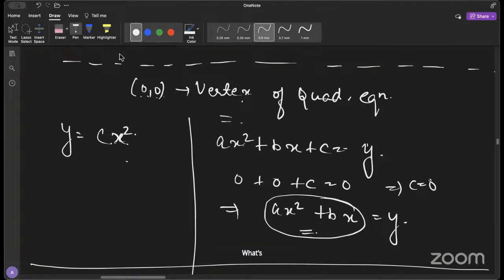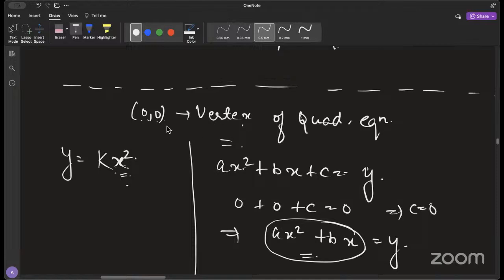What's your question? Ma'am, is this coefficient of x squared equal to k? Yeah, this is the coefficient of x squared. The k I've removed, right? Okay, let's keep, because c is already here, let's keep k here.